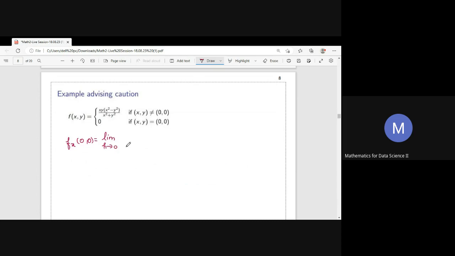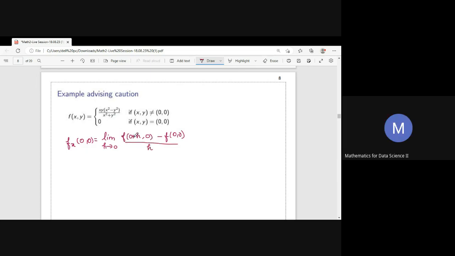So limit h goes to 0. Here, what is it that we should write with respect to x? Can you tell? Do you remember? f of 0 plus h comma 0, minus f of 0 comma 0, the whole divided by h.